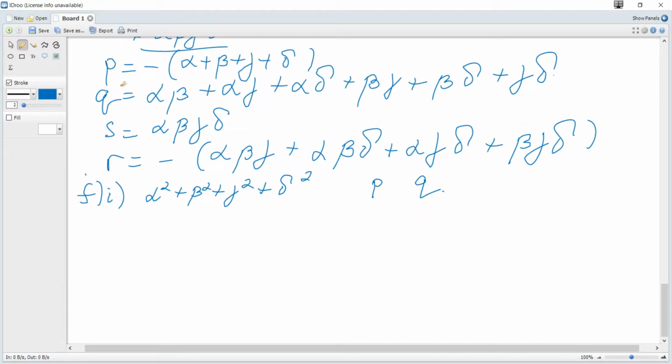consider again p squared. So p squared becomes alpha plus beta plus gamma plus delta multiplied by alpha plus beta plus gamma plus delta.